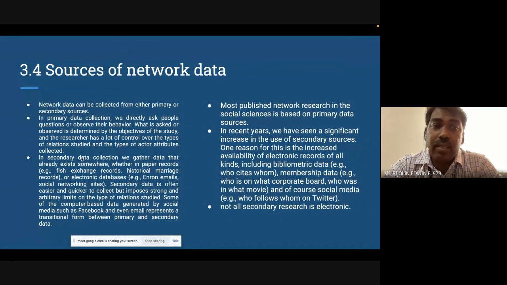But when you take secondary data collection, we gather data that is already predefined, already existing somewhere else, whether it is in data centers, or in any other records, or in a hard disk or things like that. Historical examples, a few examples are also given here.